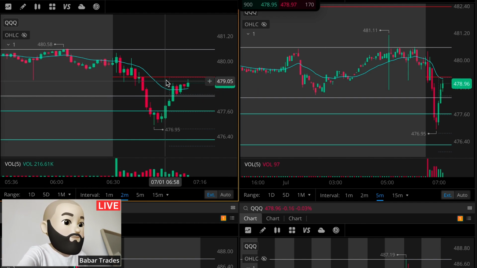Right now it's bearish on the shorter time frames, but it's bullish on the 2-minute time frame, but it's still below the moving averages on the higher time frames. And because of the double top here on the daily, I would not be surprised if this goes all the way down to 473 today.